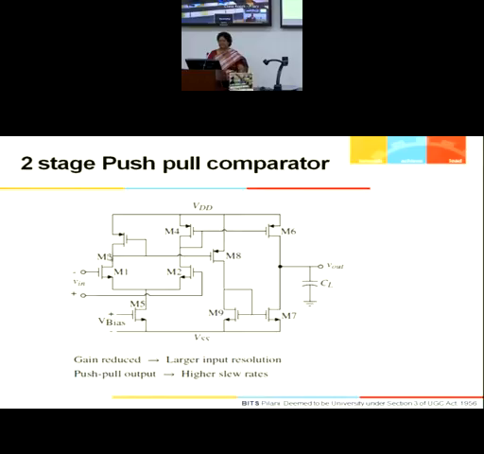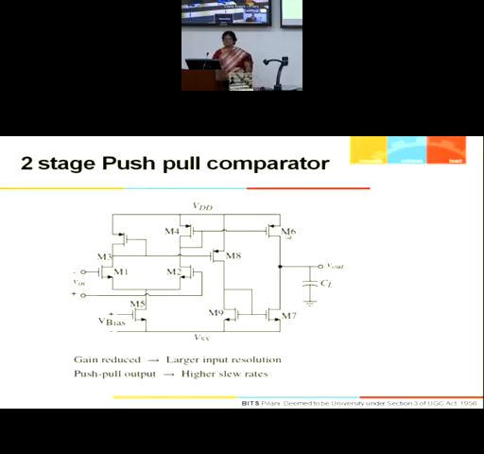As if I am providing the signal from here to here. The signal is transferred as it is without any change. The signal is getting transferred from this node through M8, M9 to this node. And the second output is directly going to M6.